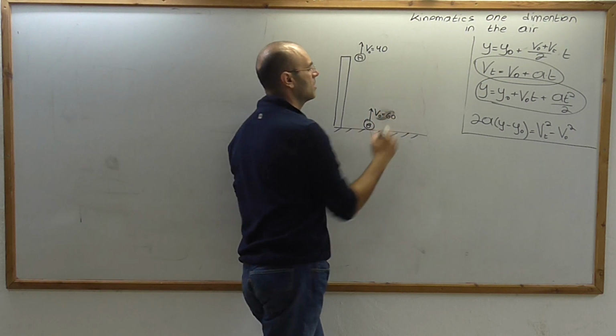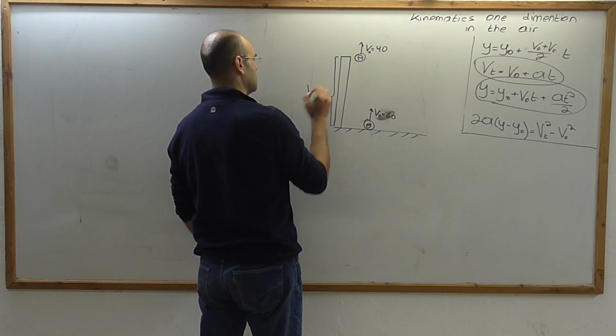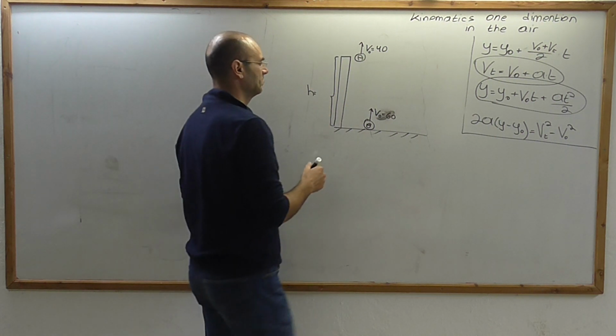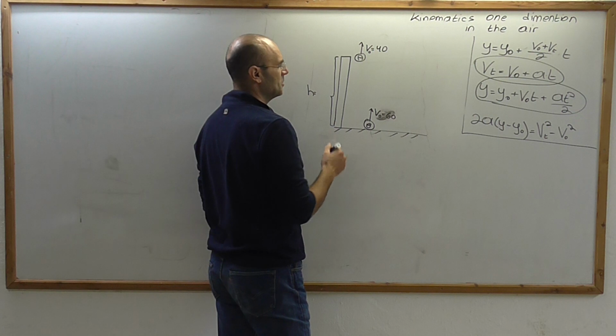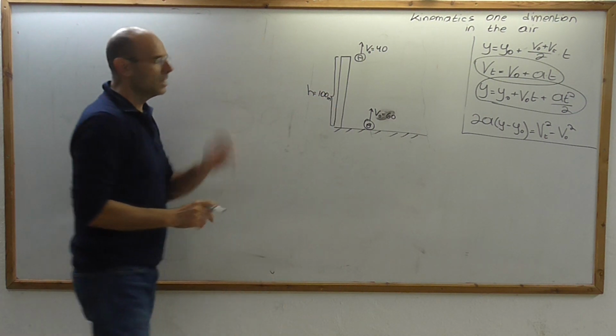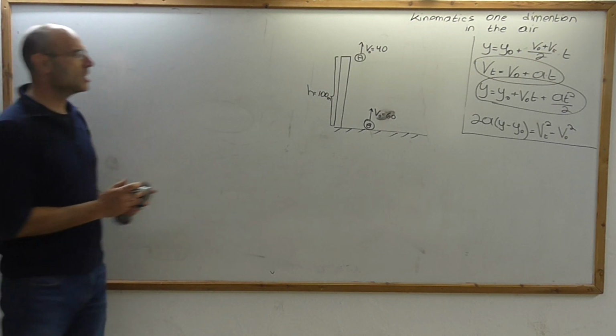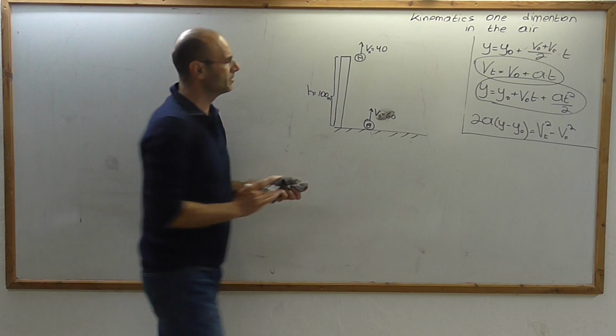V0 equals 60 upwards. And let's say that this tower is, again, I don't know, 100 meters. Similar to that question, but the directions are like that.